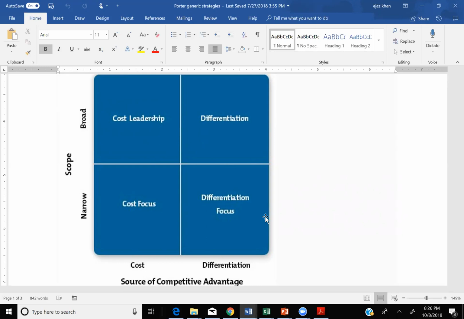At the same time, it also has another product range in which it competes in low-end mobile phones. And in that particular area, it follows cost focus as it tries to keep its costs as low as possible so that it can compete in the lower end cell phones.